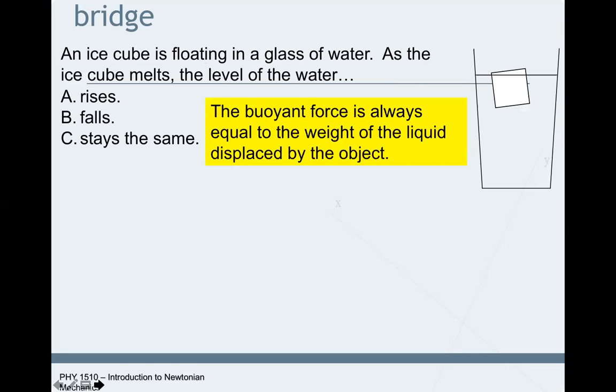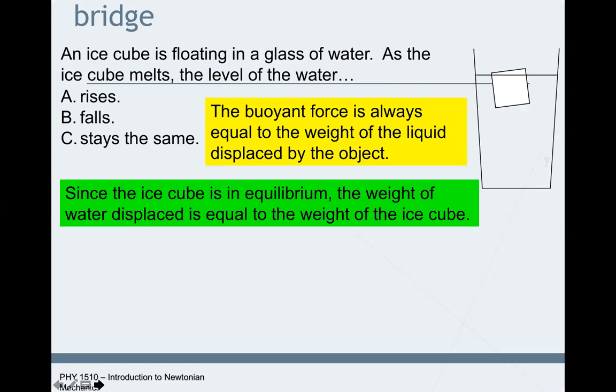So if we walk through that reasoning process again, we say the buoyant force is always equal to the weight of the liquid being displaced. At this point, your ice cube is floating, which means the ice cube is at static equilibrium. So there's a step in between. The ice cube is at static equilibrium, which means the weight of the ice cube is equal to the buoyant force.